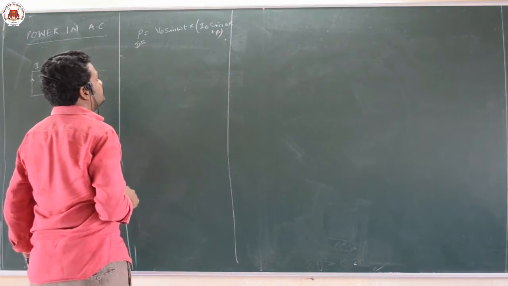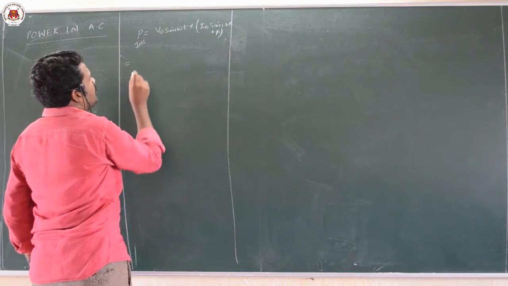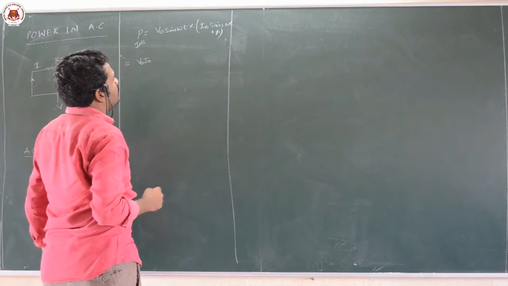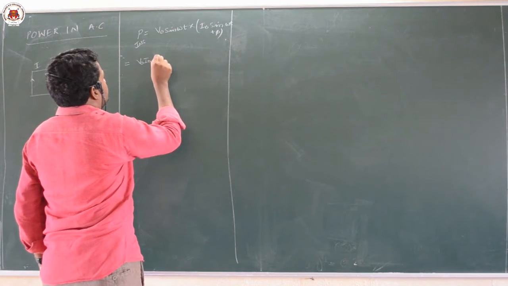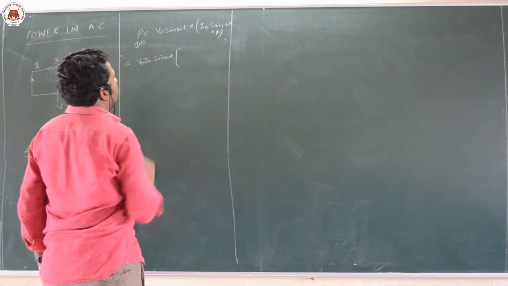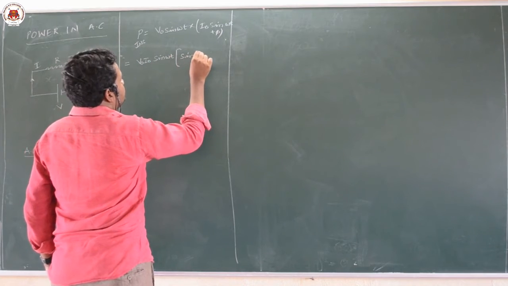Now, you can multiply V naught I naught sin omega t into sin(omega t plus phi).